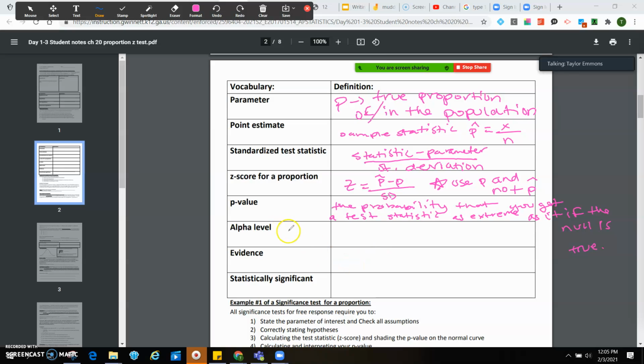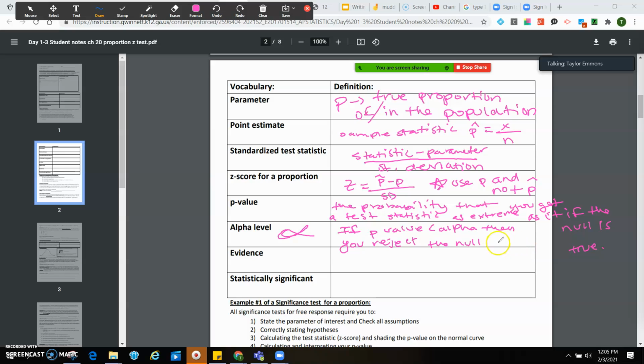Your alpha level is the little fish looking thing. So if the p-value is less than alpha, then you reject the null.